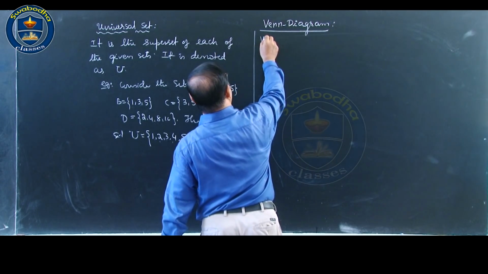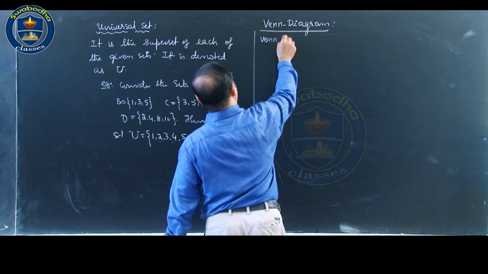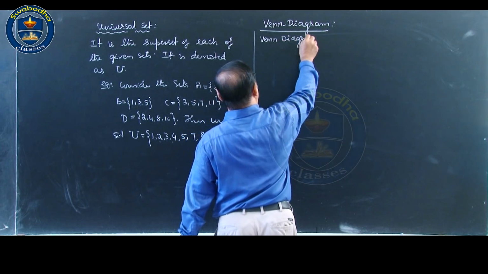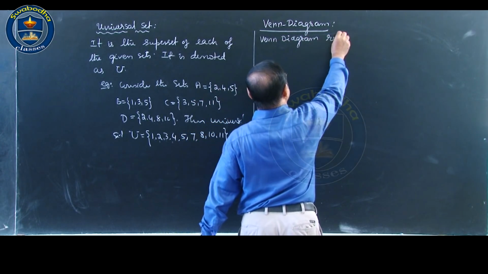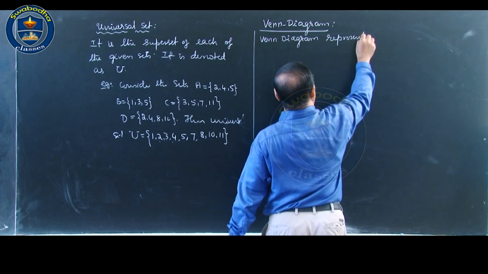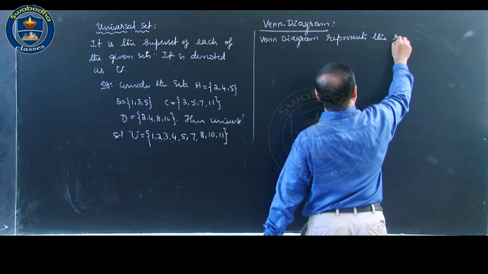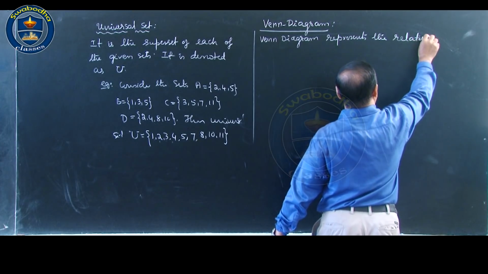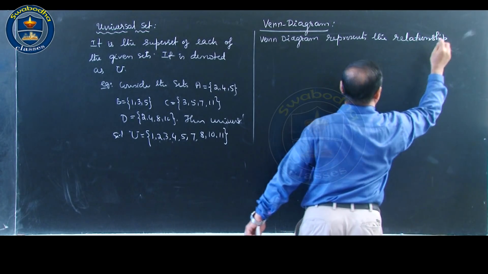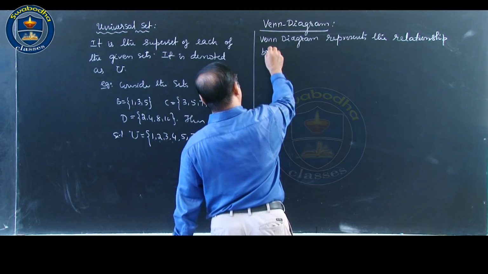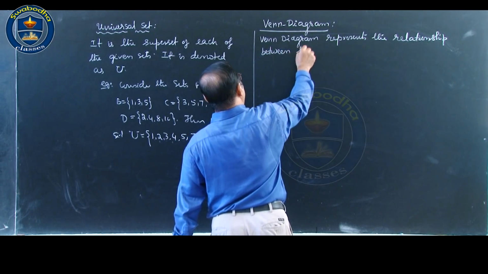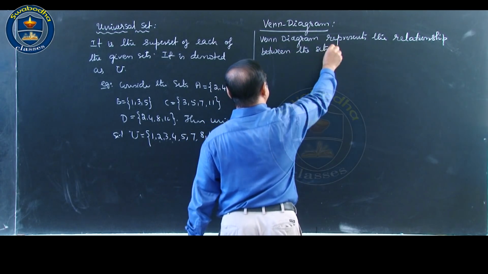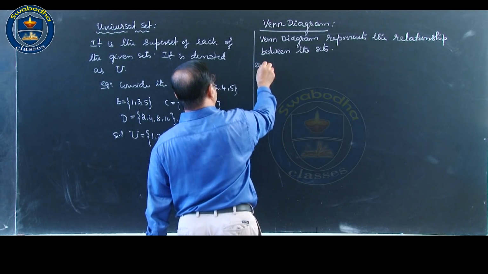See, Venn diagram represents the relationship between the sets. Relationship between the sets. See one example.